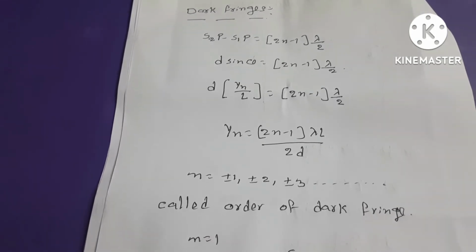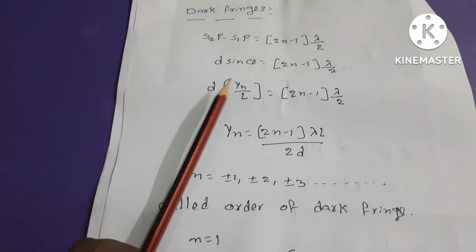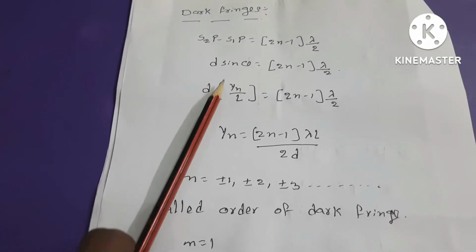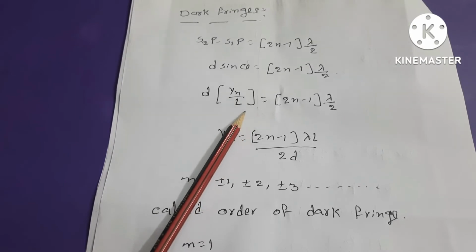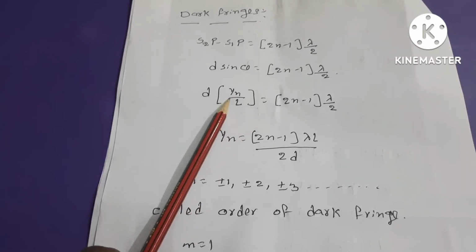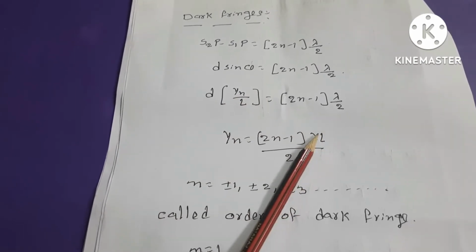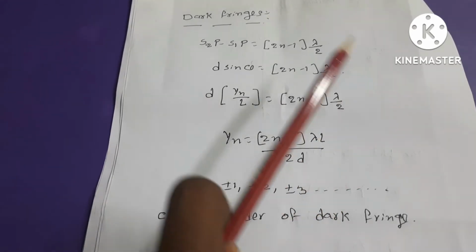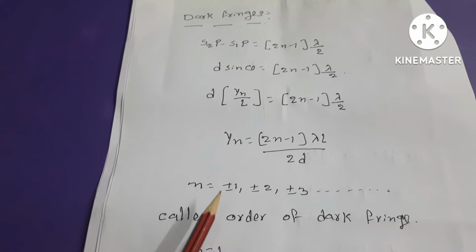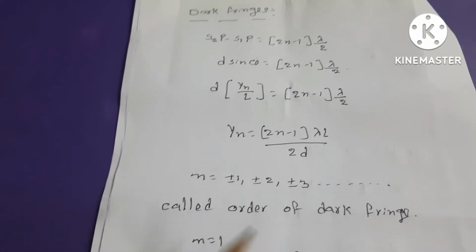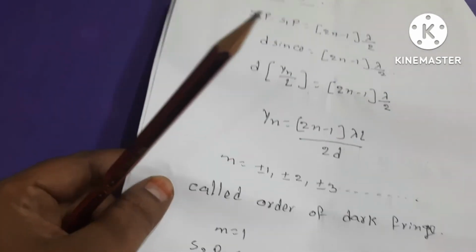Instead of S2P minus S1P we write d sine theta, and instead of sine theta we write opposite by hypotenuse, yn by l, the position of the band, equals (2n minus 1) into lambda by 2. We can use either form. If they ask us to find yn, we can write this expression. As usual, we take n values for the dark fringe.